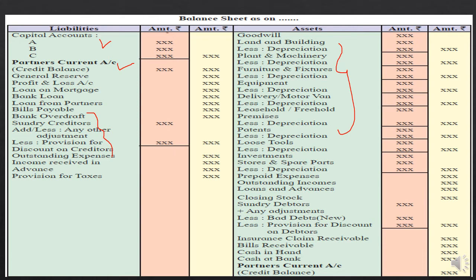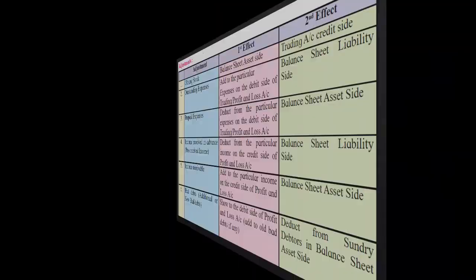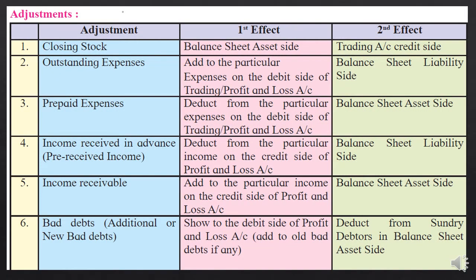So likewise, you have to know the nature of the account, how it is posted. No need to remember all the items, just remember the nature, students. Now after the trial balance, you will make the posting of each item of the trial balance, either in trading, P&L or balance sheet, only one time.